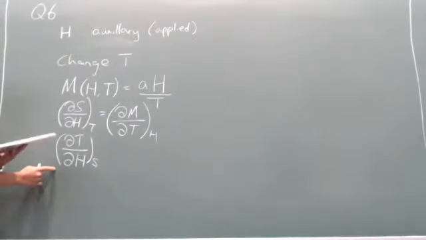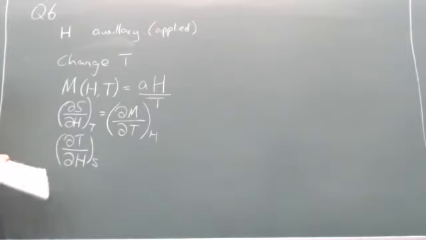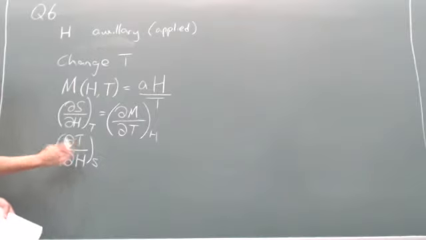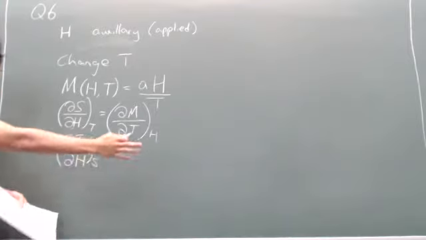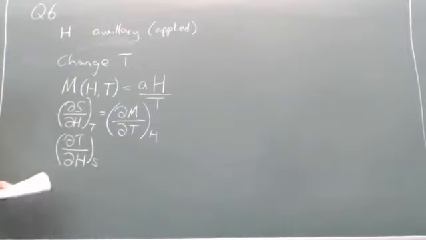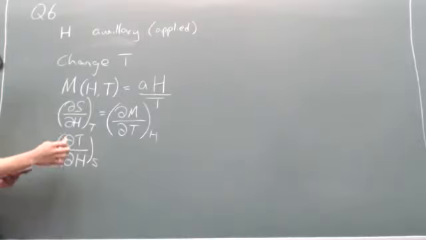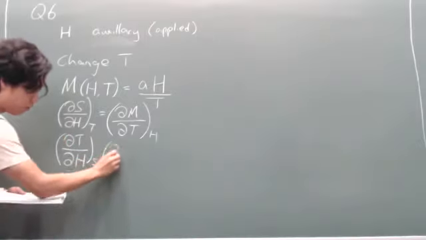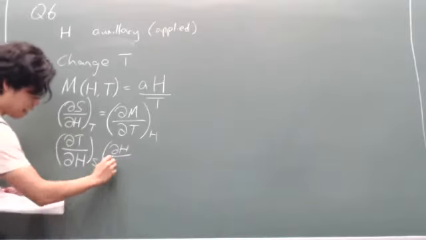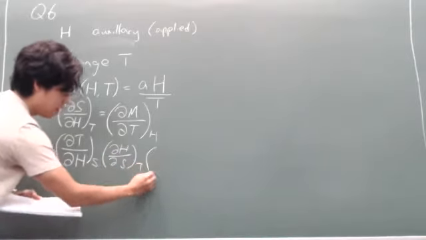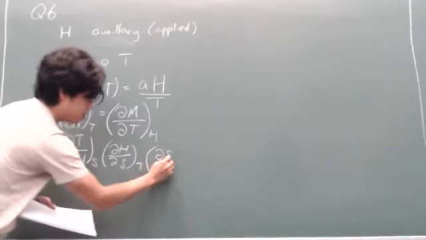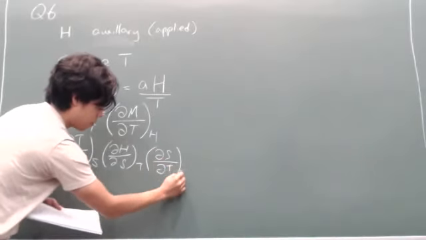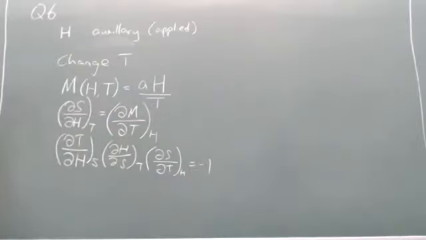To find this, you start with the cyclical rule. If you have partial derivatives with 3 variables, you can pretend they are x, y, and z and write out the whole cyclical rule. So you have dT/dH at constant S, then dH/dS at constant T, and the last one dS/dT at constant H, and this whole thing is equal to -1.